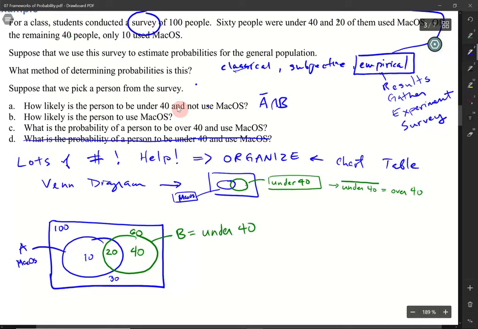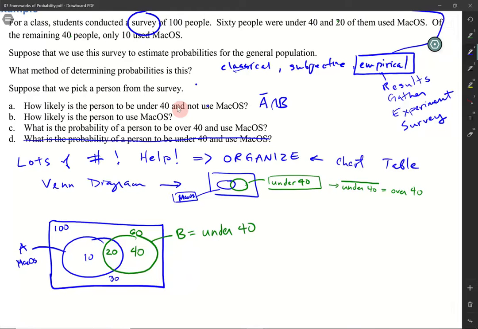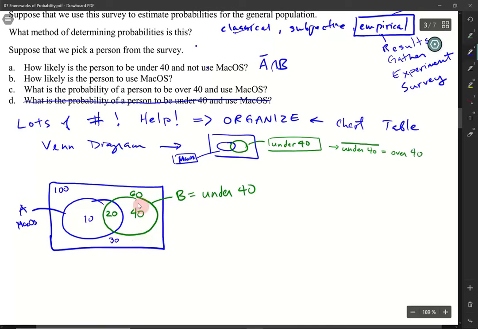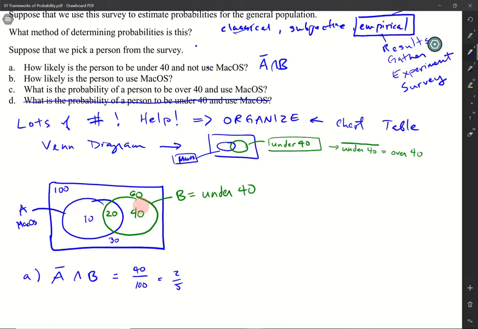So we want the intersection. It's got to be in B and not in A. B has two parts: a part that intersects with A, and a part that doesn't intersect with A. So it's 40, so A not intersect B will be 40 over 100, or 2/5. Does that make sense?